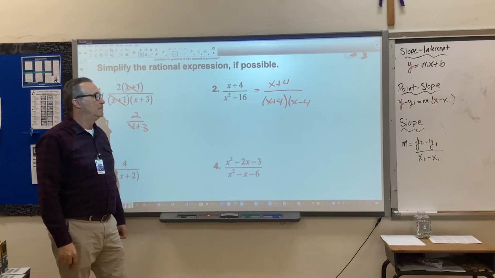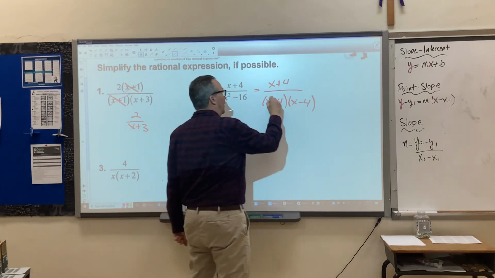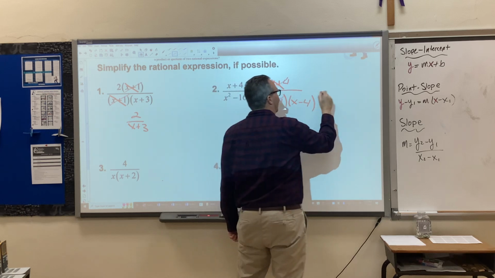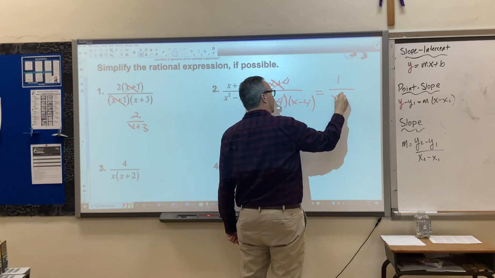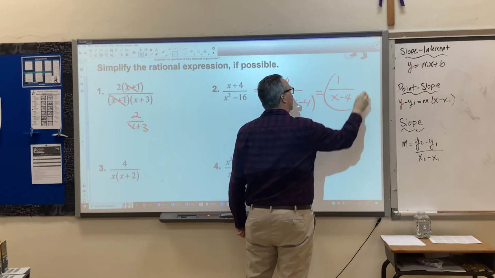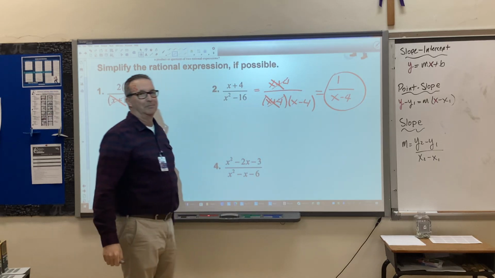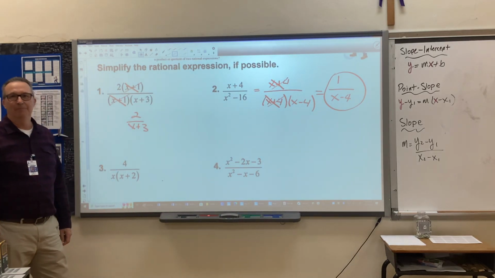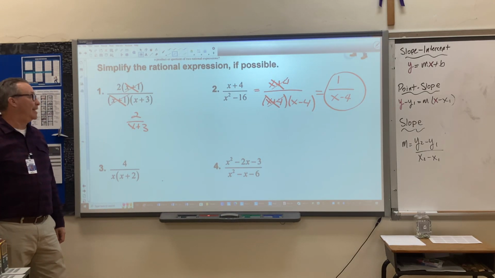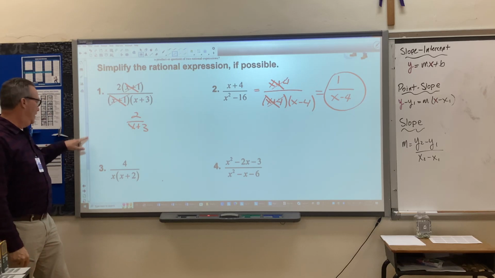And then you cancel out the x plus 4 and look at the 1 on top. Ooh, outstanding. Forget the 1. Bless you. Exactly right. You cannot cancel parts of sums, but you can cancel whole factors, as long as they're the same.